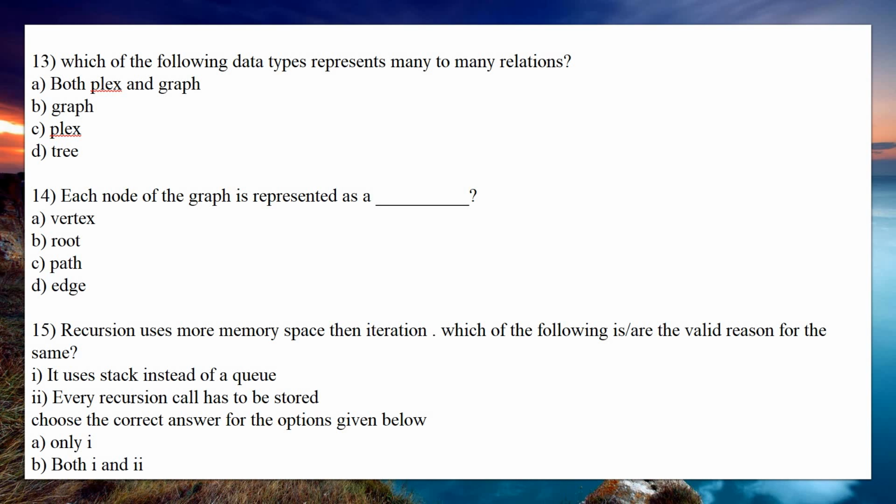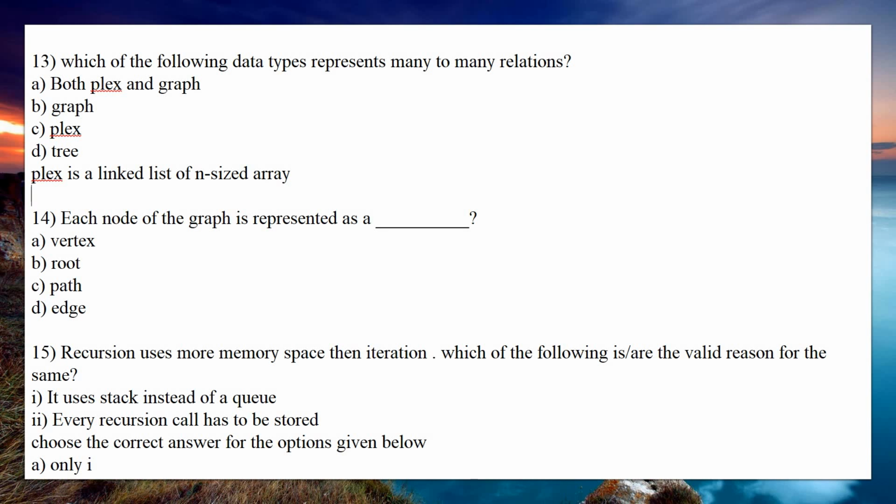When it comes to many-to-many relations, graph is one example. But check carefully, don't just go and mark graph. In option A, they have marked both plex and graph. Plex is also a linked list of n-sized arrays. So what is a plex? A plex is a linked list of n-sized arrays.